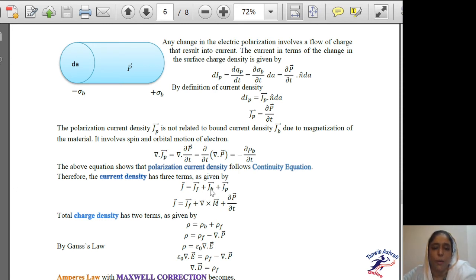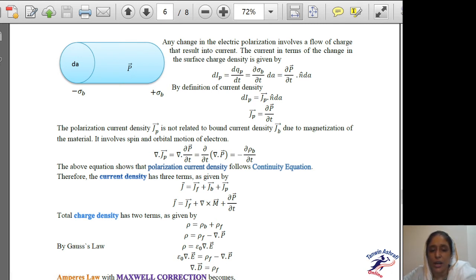We know the bound current density is nothing but del cross M. The polarization current density, as we have found, is delta P by delta T. The total charge density has only two terms: free charge density and bound charge density. The bound charge density is minus del dot P, and if we replace rho by epsilon naught del dot E, we will get del dot D is equal to rho F.